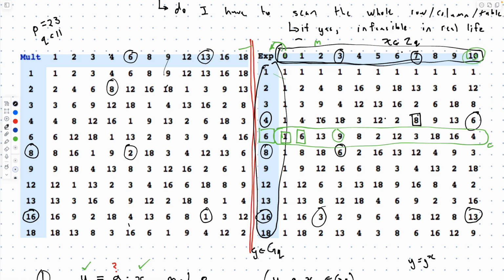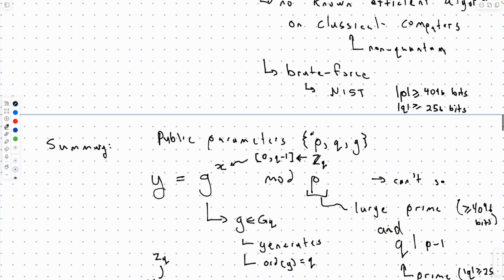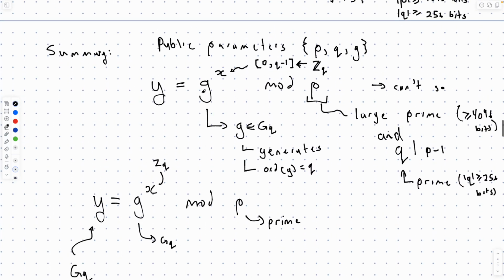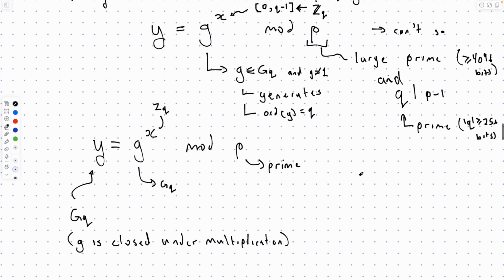One exception is 1 here, by the way. So G, 1 to the power of anything is always 1. So another condition that we should specify is when we choose G, we don't choose 1. We call that degenerate. It's a degenerate case. So we choose some G that's not equal to 1.